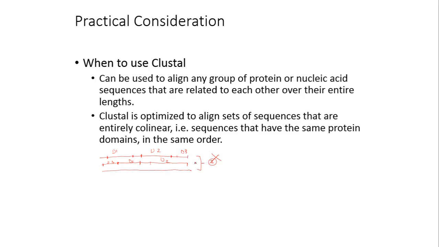Because Clustal uses global alignment for performing those pairwise sequence comparisons, and with global alignment it becomes very difficult to detect and align local similarities. So this is one of the practical aspects of using Clustal. If your sequences follow these two criteria, then go ahead and use Clustal.